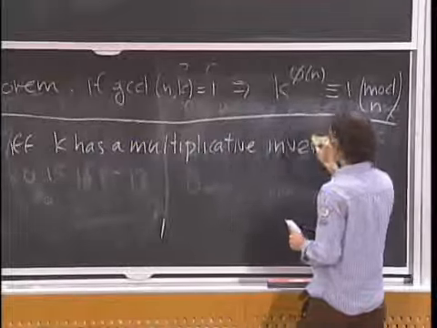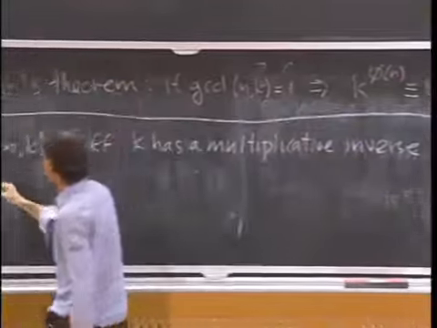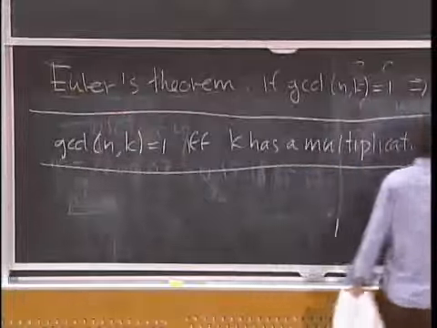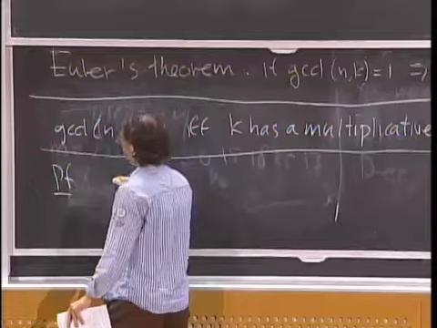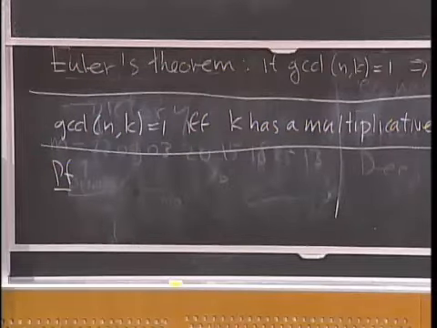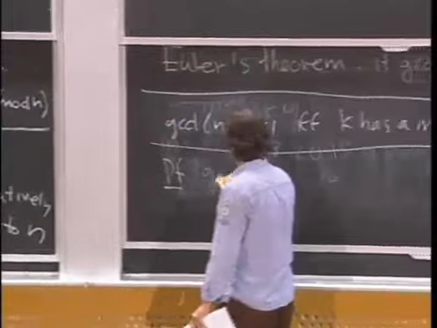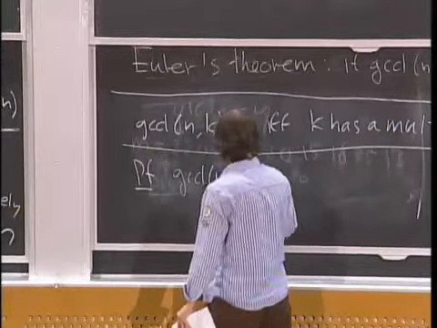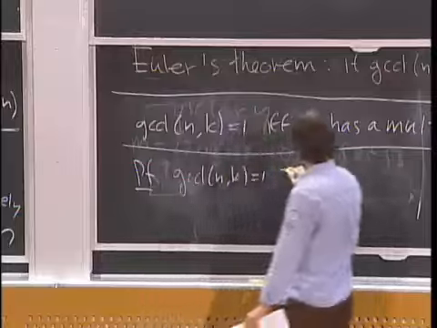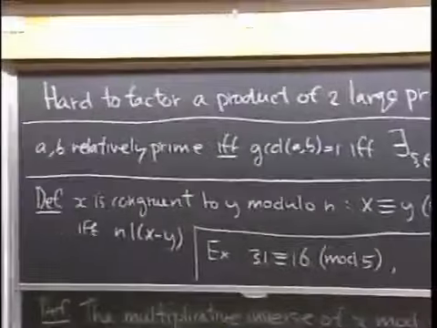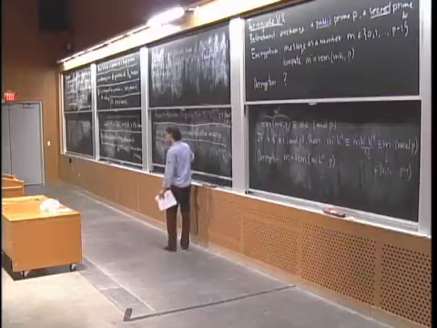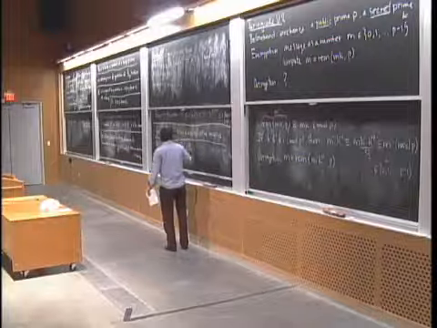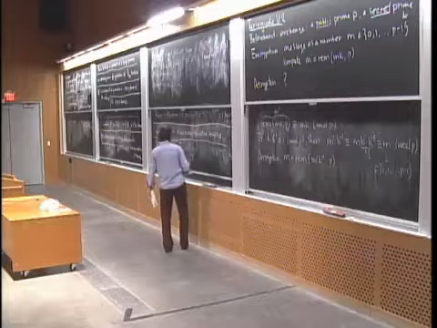And we can easily see this. Let me just give a quick proof to show how this works. Well, if the GCD is equal to 1, then we use the statement up there. So this is if and only if there exists a linear combination, so an S and a T, such that n times S plus k times T equals 1.